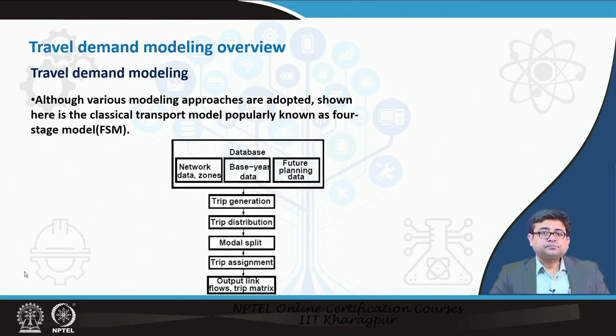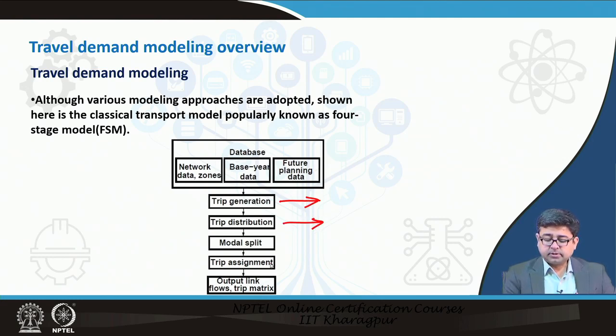Here, we will give you a brief overview of the most popular 4-step model of travel demand estimation. This is popularly called the 4-stage model, and the first stage is trip generation. The second step is trip distribution.